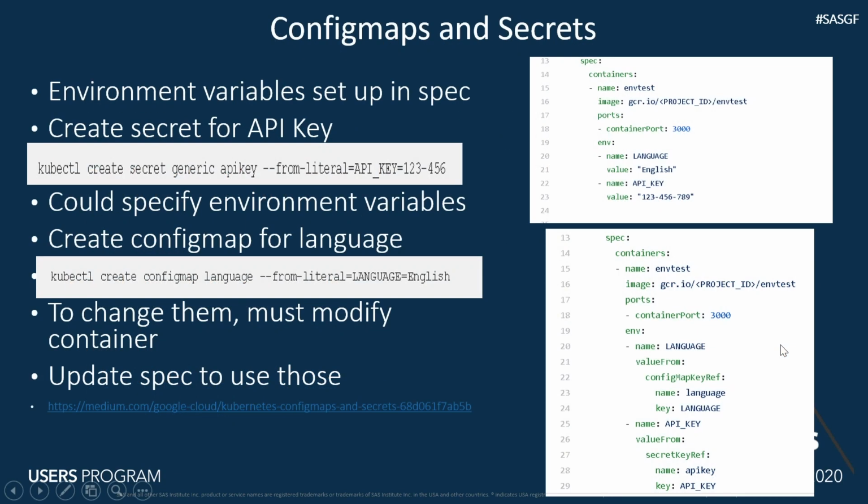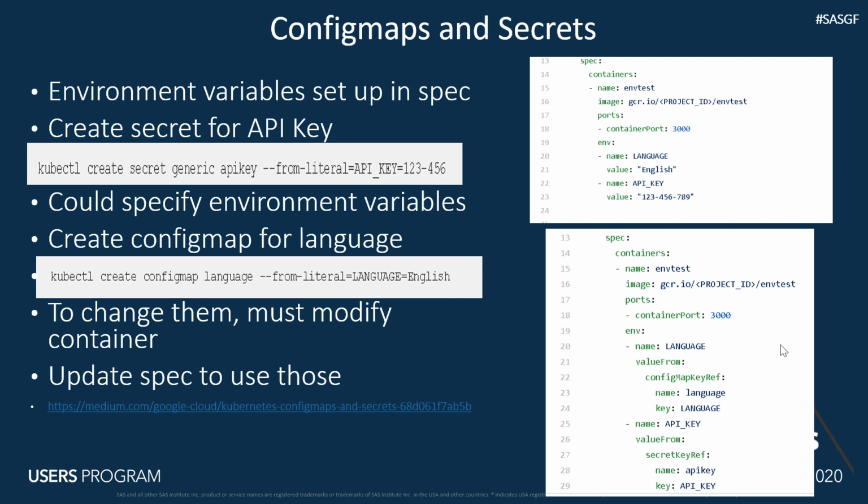Let's take a look if we want to actually create examples of these. Suppose we had a spec on the right-hand side. We have a container called environment test, and note that it has an API key in it and a language. If I wanted to go the config map route and the secret route on this, I would break that information out. Instead of having it hard coded in here, I would create a secret, for example, with the API key.